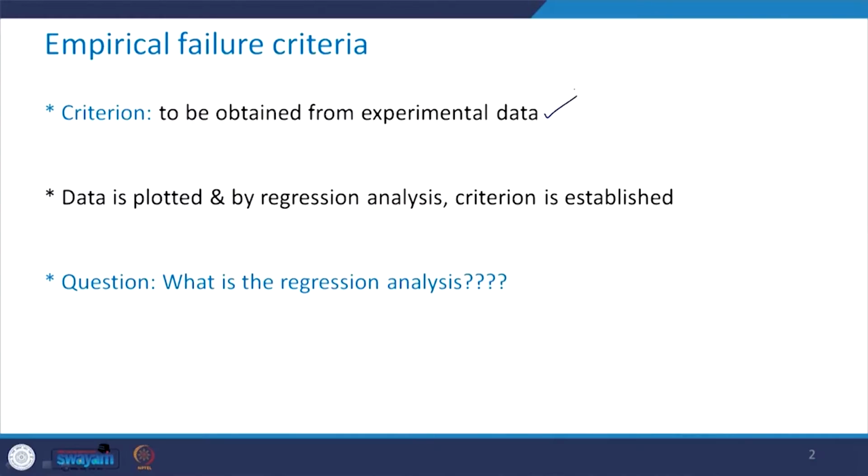To start with, as I mentioned, the criterion is to be obtained from experimental data. This data is plotted and then regression analysis is carried out in order to establish the criterion. The question in front of us is, what is this regression analysis?